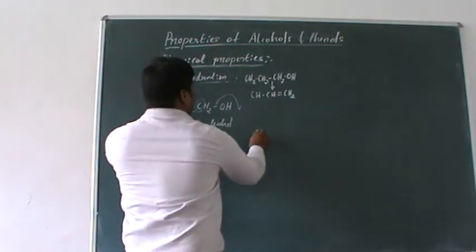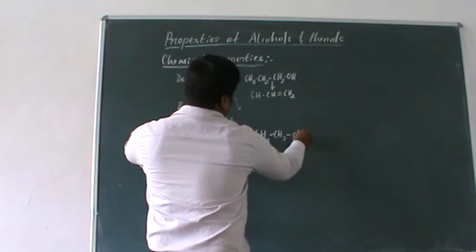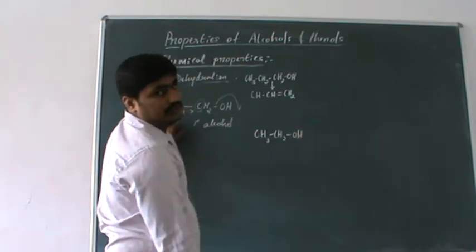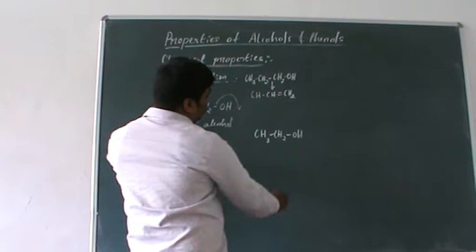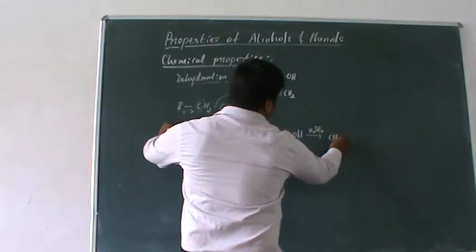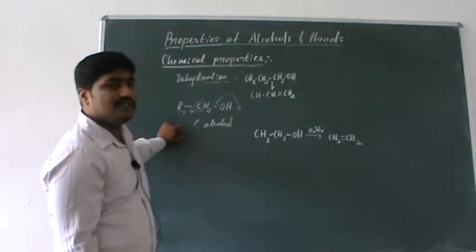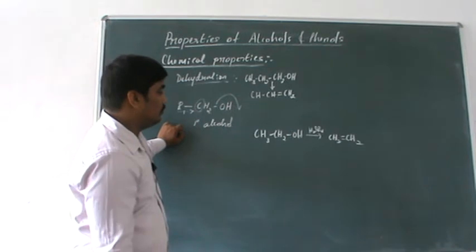Or CH3CH2OH, what is the name of this compound? Ethanol. Ethanol undergoes dehydration with concentrated sulfuric acid and produces ethene. These parts were discussed in the previous video.